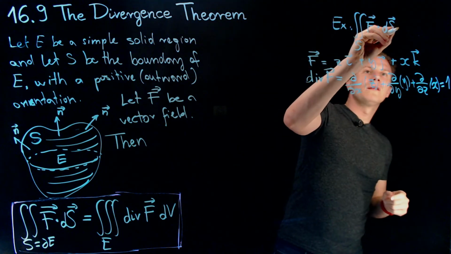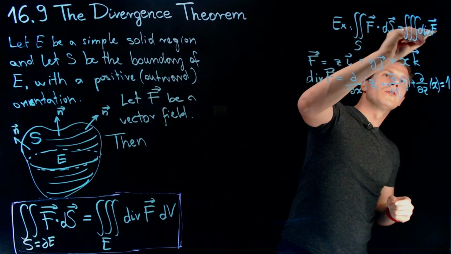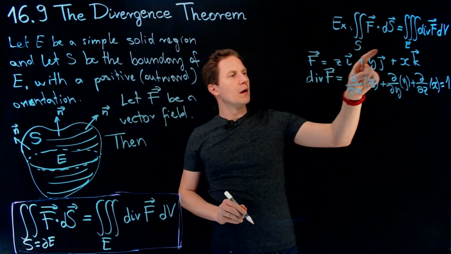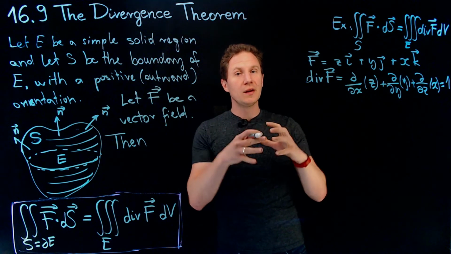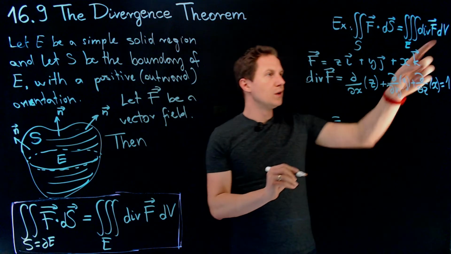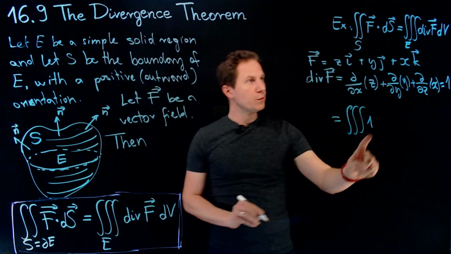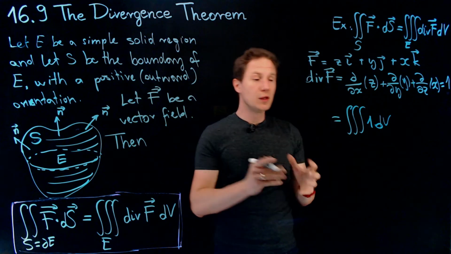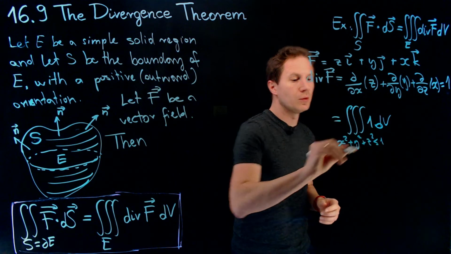So when you write down the divergence theorem and you want to compute the triple integral of the divergence of this field over the interior, the solid region that is enclosed by the unit sphere, that is the unit ball, then what you are doing is integrating the constant function 1 in this case over that solid region that is the unit ball, so over the region where x squared plus y squared plus z squared is less than or equal to 1.